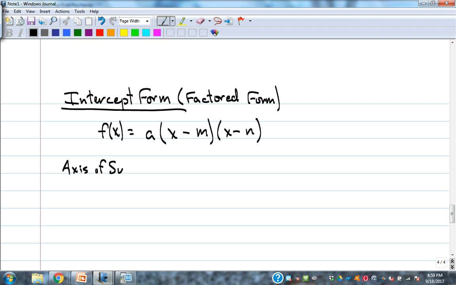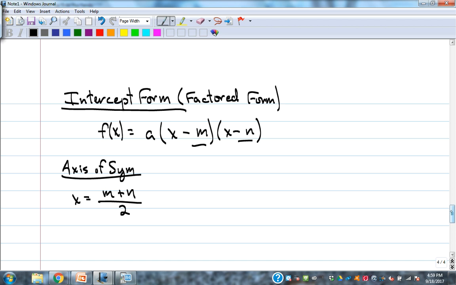Axis of symmetry. You can get it by adding the two numbers there. M and N are just numbers. If you add those together and divide by 2, you've got the axis of symmetry.